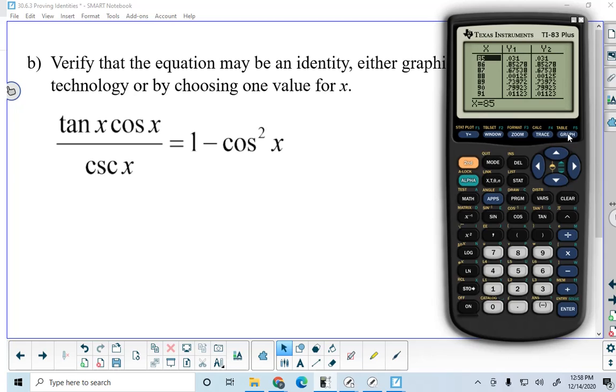Now my table has already been populated because it has a certain setting, but I can see that the left and the right side are always giving me the same numbers. I happen to be in radian mode, and those are degree numbers that I put in, but it doesn't matter. They could be radians, 88, 89, 90 radians. We could verify this graphically by choosing zoom trig, and it's going to graph the left side. Here comes the left side.